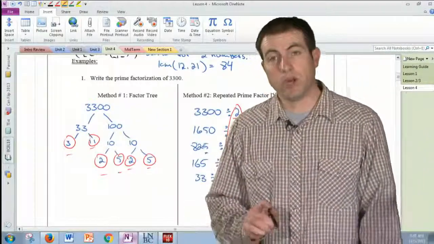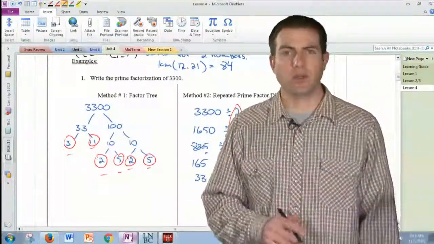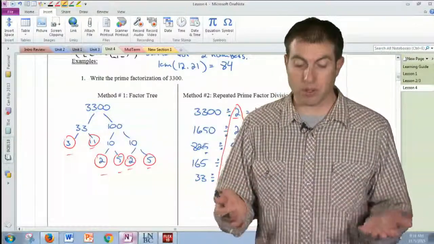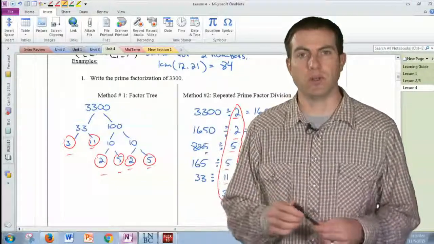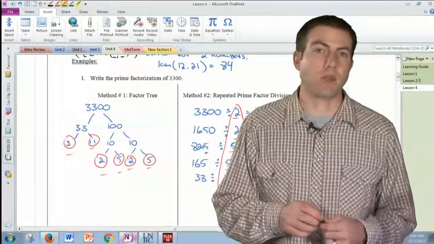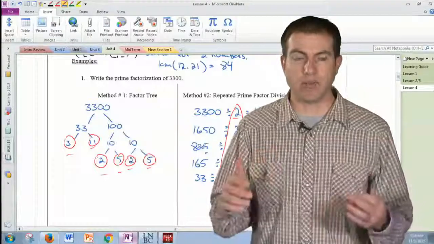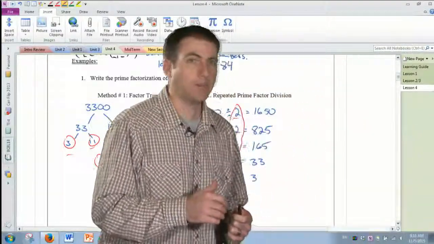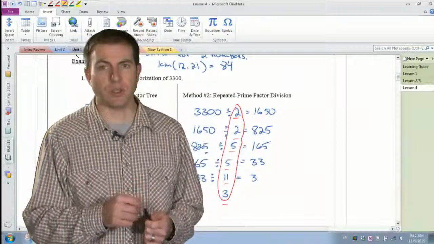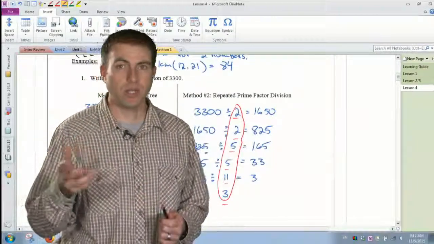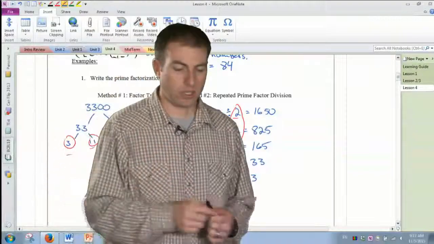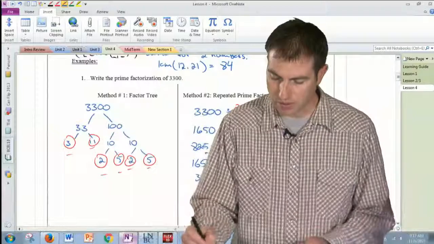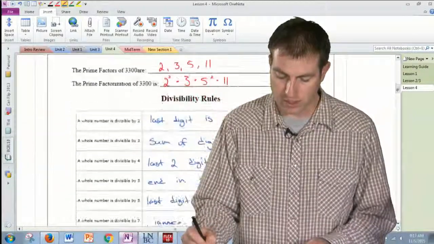When we talked about the factors of things, we said, what numbers can we multiply together to give us the number that we originally started with? We did an example with 3,300 and used a factor tree, and on the other side we did prime division: take 3,300 divided by 2 and keep going until you end up with just a prime number at the very end. So that's what factoring was, just breaking down a number. We're going to talk a little bit more about that today.